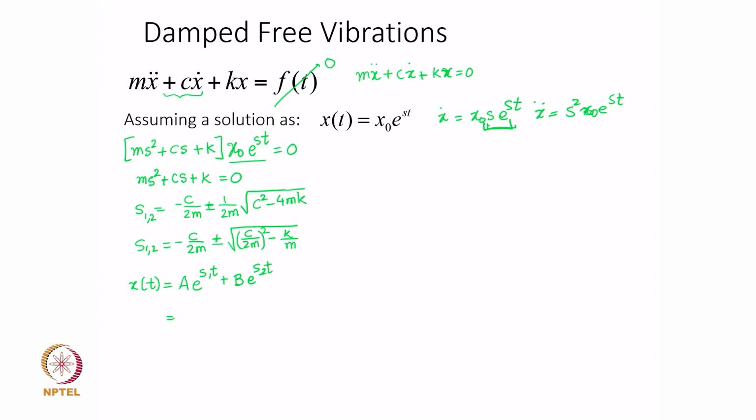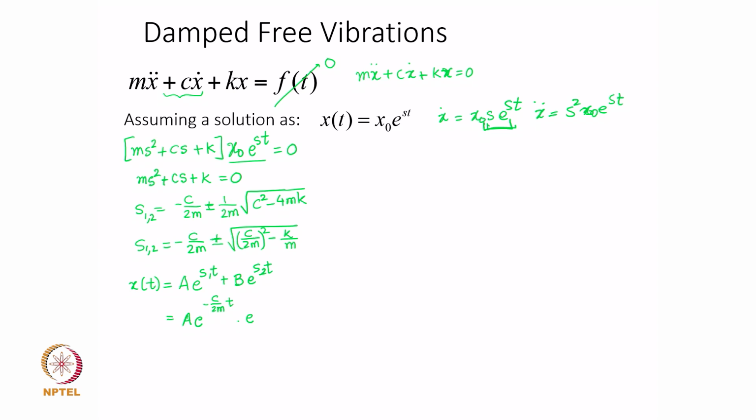Now, I can write this as a e to the power minus c over 2 m t. I am basically splitting now this part and this part for even S 1.